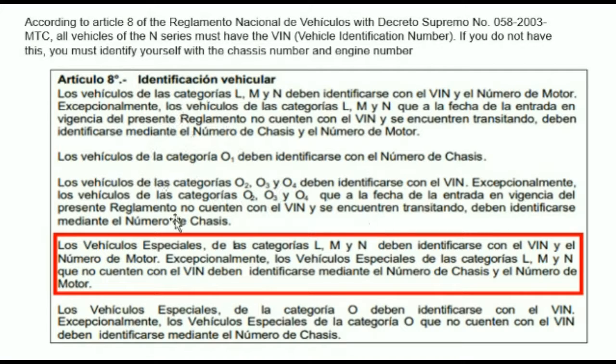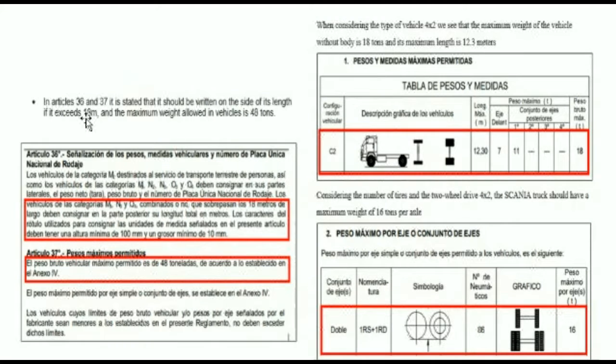And we can see the Article 8. In the next part we have the Article 36 and 37, and they state that the length should be written on the side if it exceeds 18 meters. So I need to write the length of the vehicle if it exceeds the 18 meters.